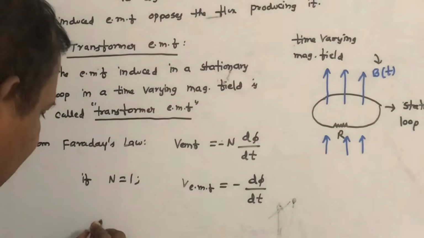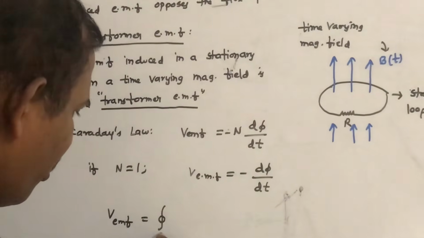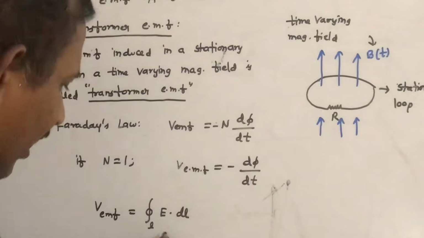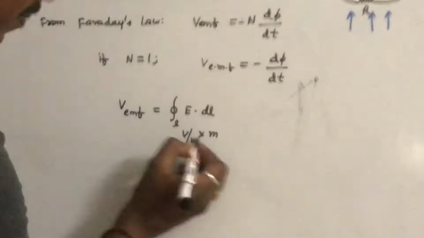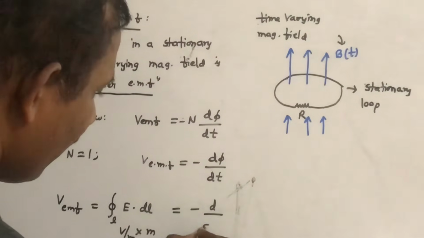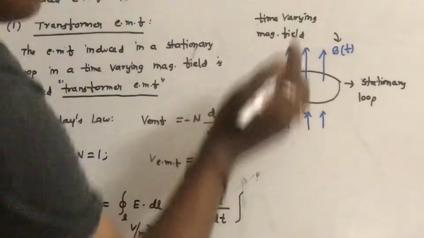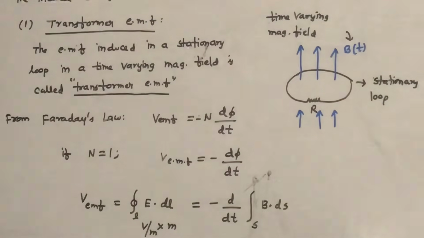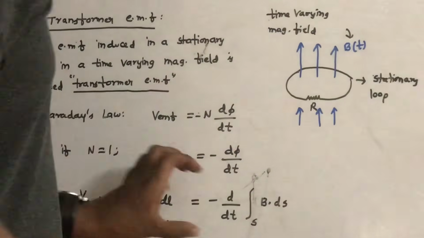We further simplify this equation: V EMF, the EMF induced in the closed loop, is written as closed integral of E dot dl, because E, electric field intensity, is volt per meter into meter. Meter gets cancelled, we get voltage. This equals minus d by dt of the magnetic flux through the surface. The magnetic flux through the surface is written as integral of B dot ds. Now take this equation.